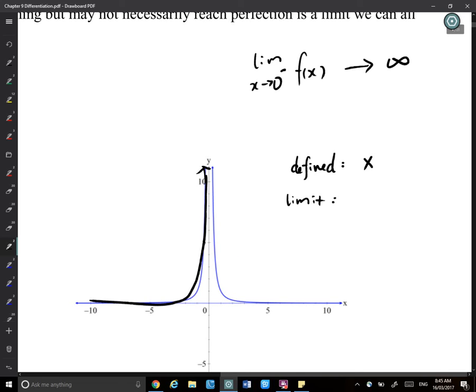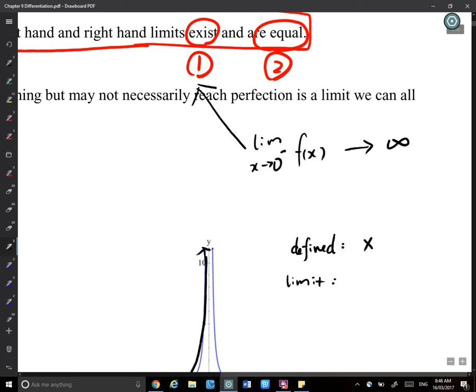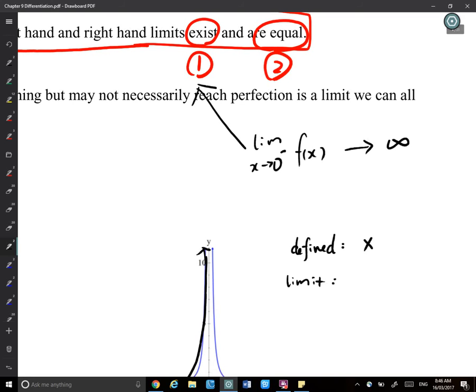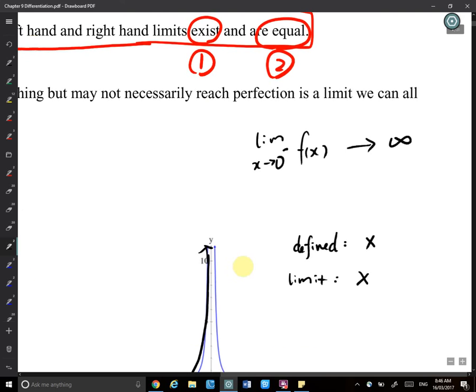You don't have an equal sign there because infinity doesn't mean you can get it. You can't get infinity. So it's approaching infinity, which means you don't have a limit. The limit does not exist. So it actually failed number 1. It failed at the beginning, so you don't have the limit. So the limit does not exist either.